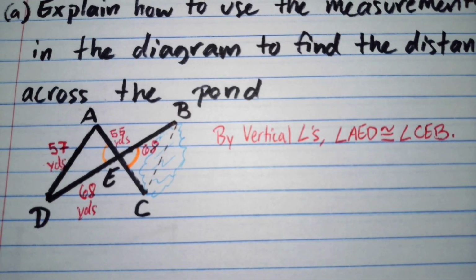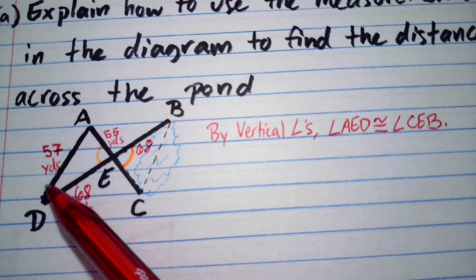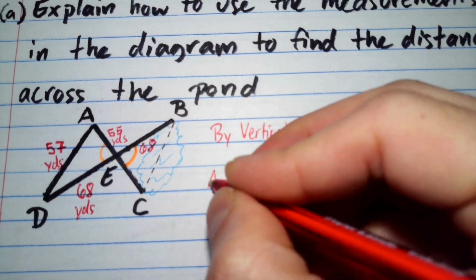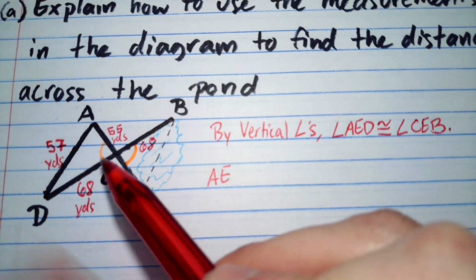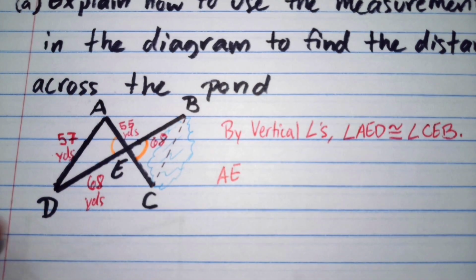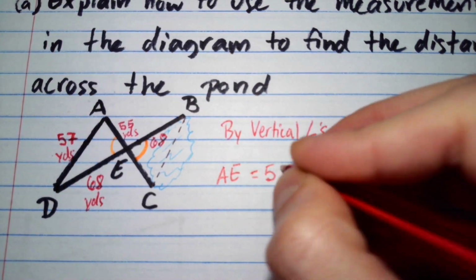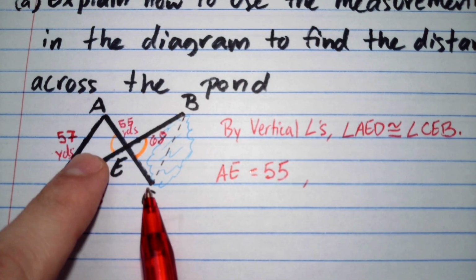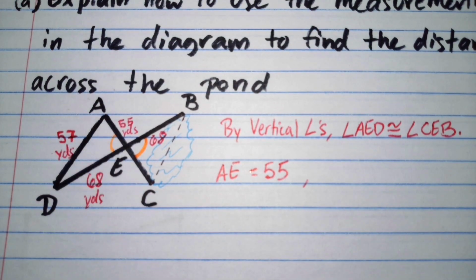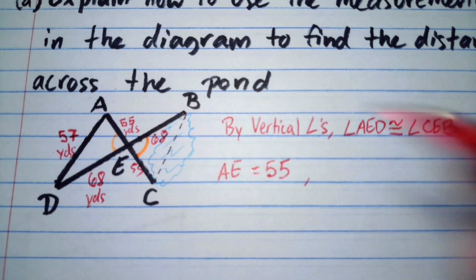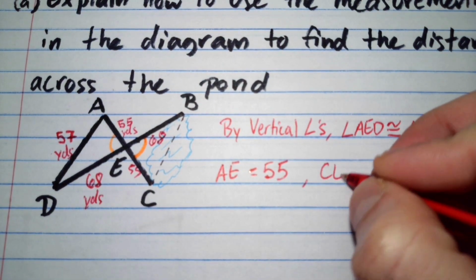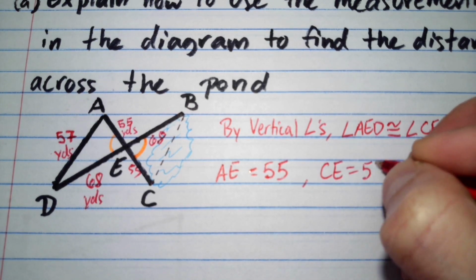Another thing that we notice is we are actually given the distance in yards of each of these segments. If we pay close attention, AE, which is this one right here, measures 55 yards. And then we also have that CE, from here to here, also measures 55 yards.